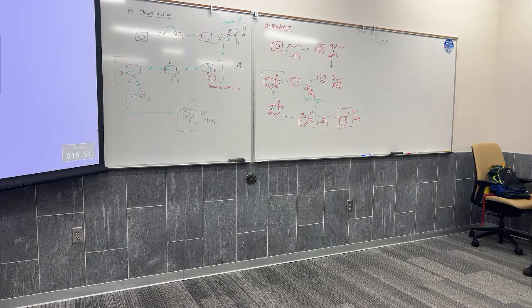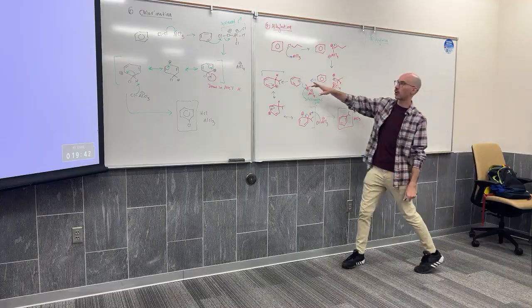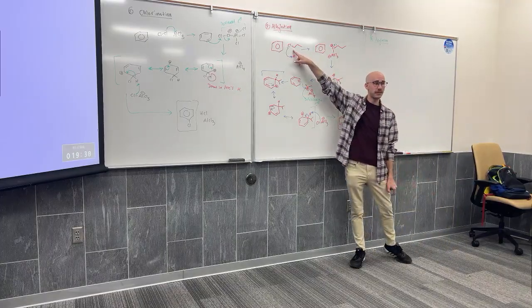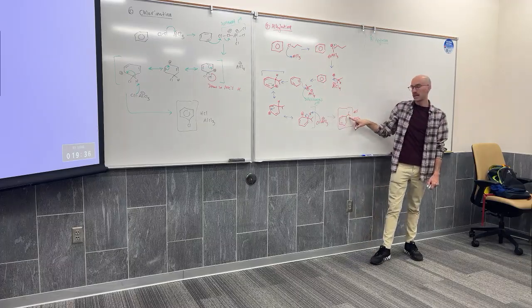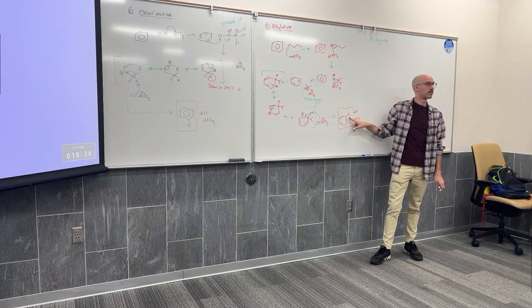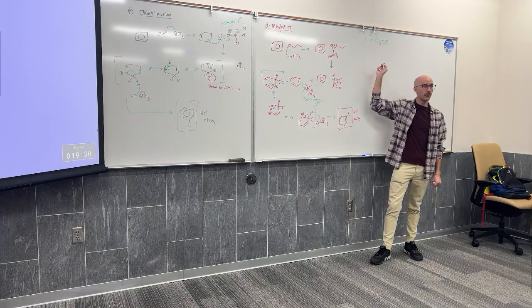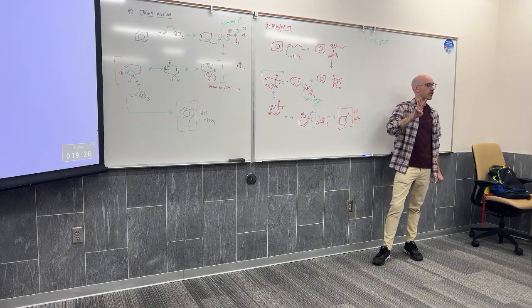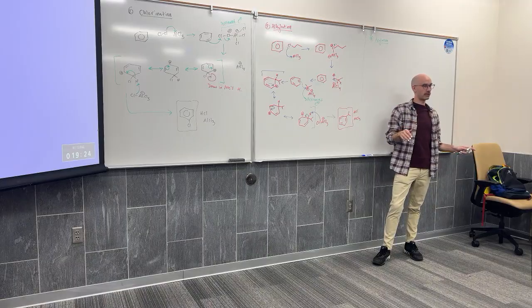Let's look at our acylation mechanism. Correct me if I'm wrong, but we added a three-carbon alkyl group that was bonded as a straight chain and then ended up as a branched chain. In our acyl group, we also added a three-carbon chain, but it never rearranged, it never branched.